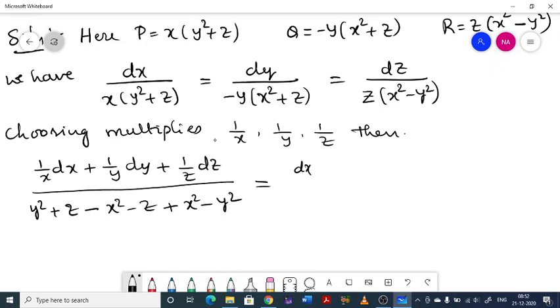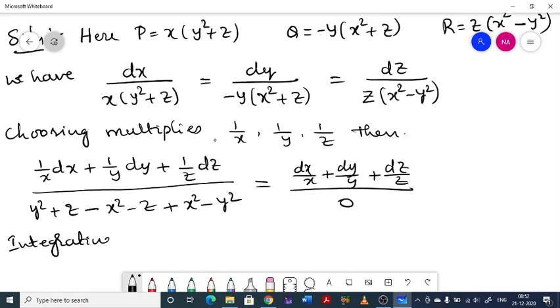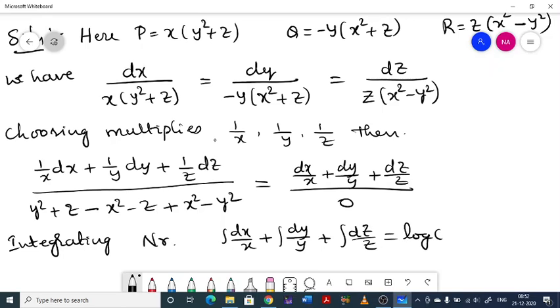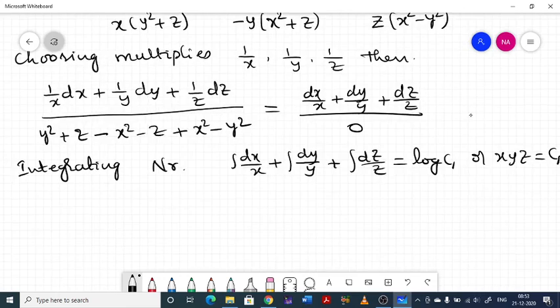So I'll get dx by x plus dy by y plus dz by z by 0. So integrating numerator, I'll get integral dx by x plus integral dy by y plus integral dz by z equal to log c1. So this will be xyz equal to c1. So that's about the first part of the solution.